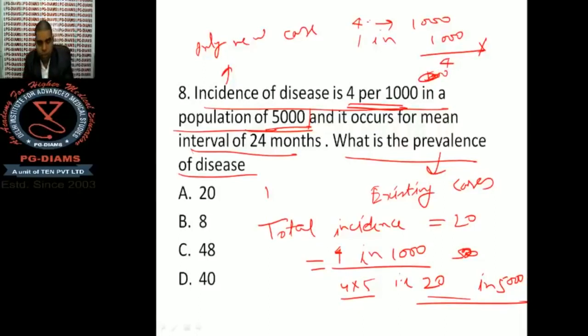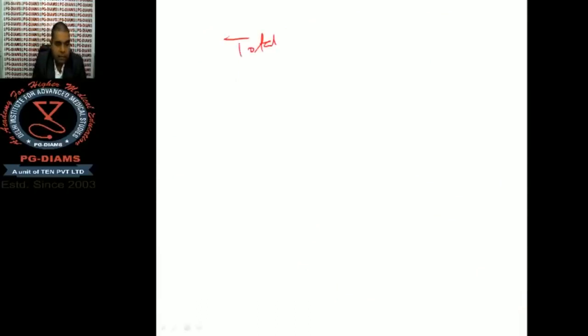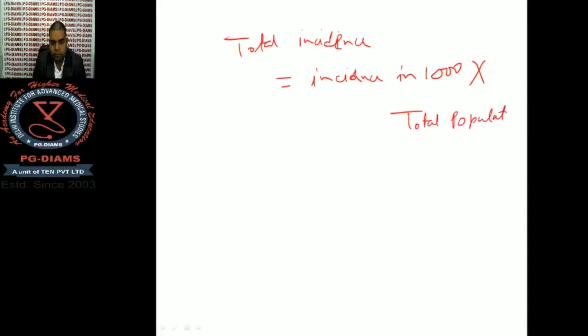Look, to calculate total incidence, we multiply incidence in one individual into total population. Now what is the incidence in one individual?